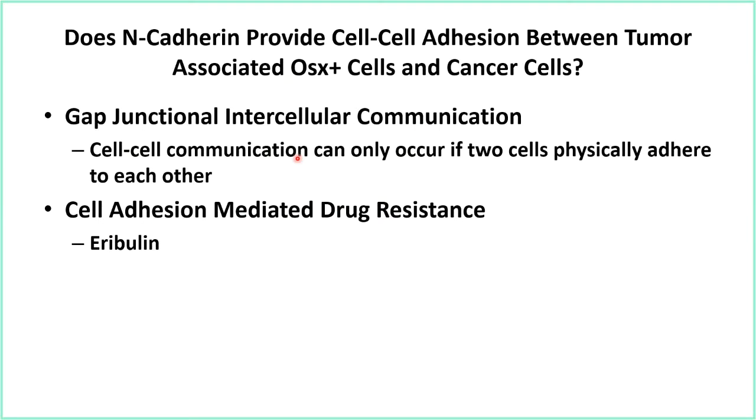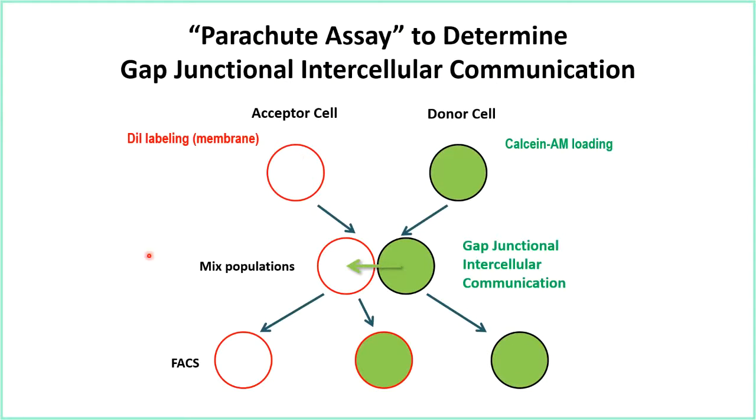We'll focus on this approach, because I don't have time to show you everything. But just to give you an idea, one way of looking at the ability of cells to communicate directly through gap junctions is to load cells with a fluorescent tracer, and then put the cells in contact with other cells, which we can call acceptor cells, that we can see because of a different fluorescent stain.